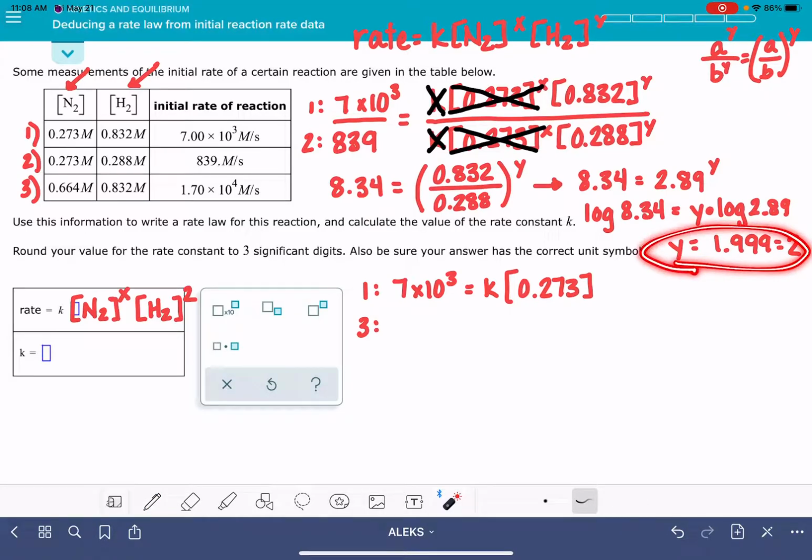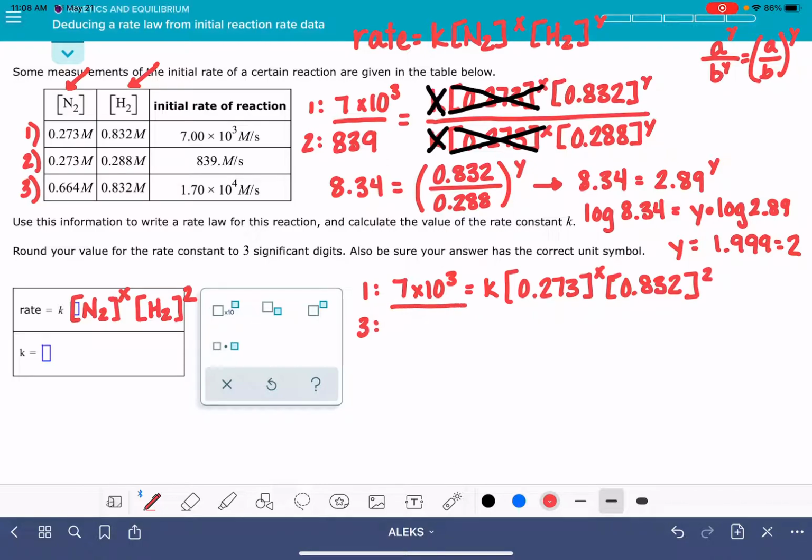Up here when we solved for y, even though we were focused on N2, we solved for y, which is this term right there. Okay, 0.273 to the x times our concentration of H2. So on data set number 1, our concentration of H2 is 0.832, and we know the value of y, it's a 2.